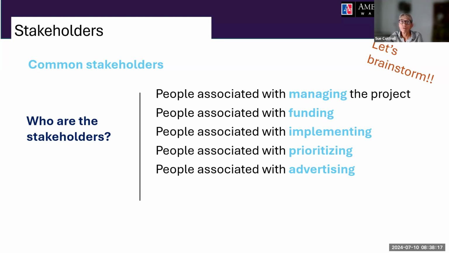So if we were to brainstorm some examples of people managing the project, the kind of logic model that they might care about would probably be that the biggest one, right? The in-depth one. Whereas people associated with the funding of it, they may not want all the detail.